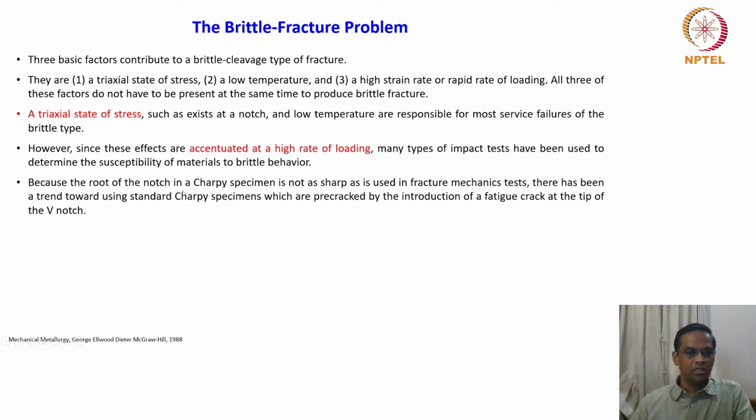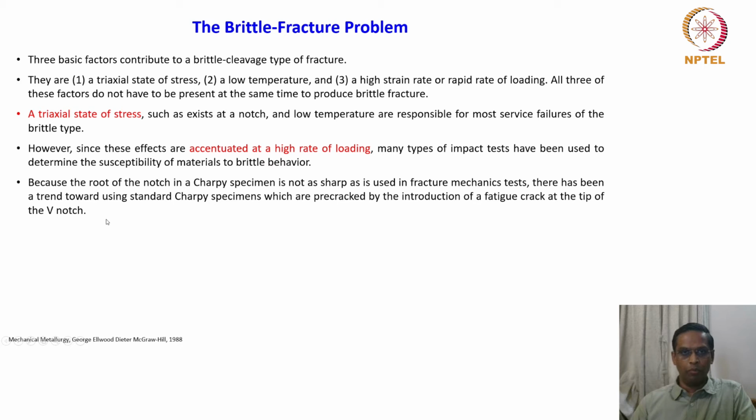Because the root of the notches in a Charpy specimen is not as sharp as it used to be in the fracture mechanics tests, there has been a trend toward using the standard Charpy specimens, which are pre-cracked by introduction of a fatigue crack at the tip of the V notch.